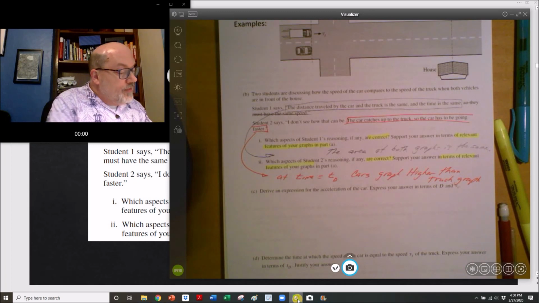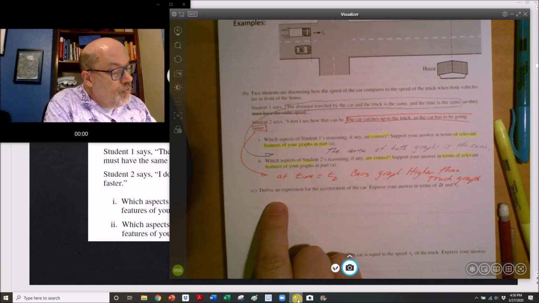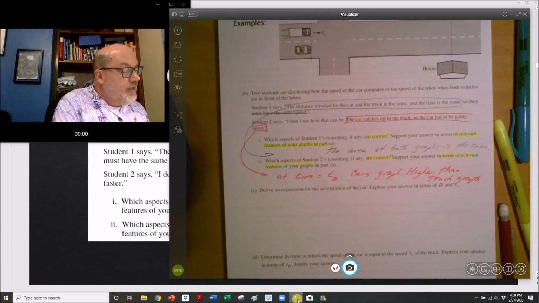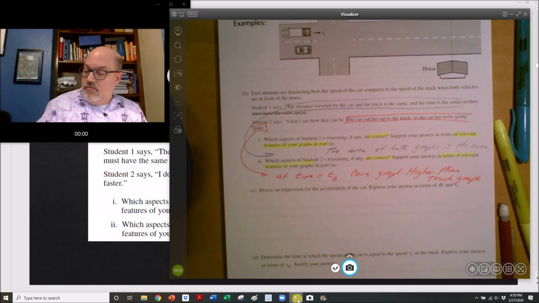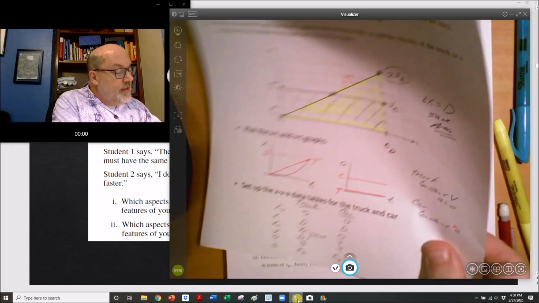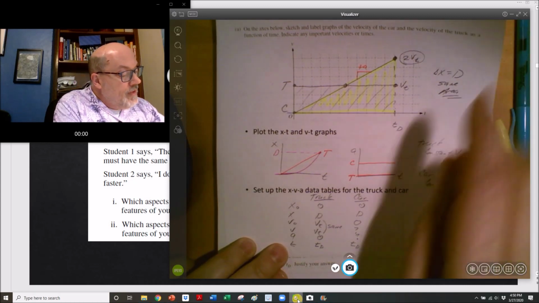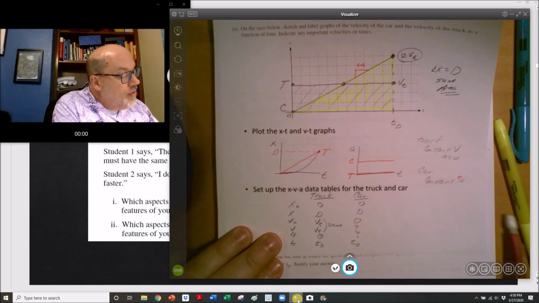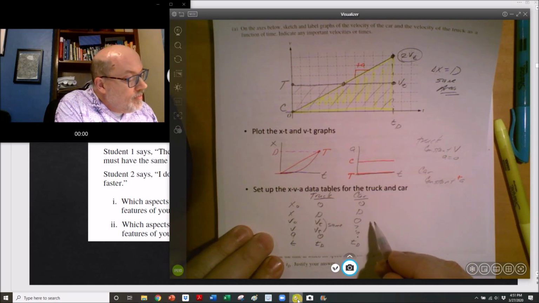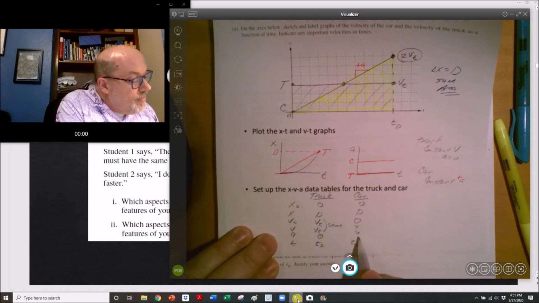So now let's look at the bottom part. Part C, derive an expression for the acceleration of the car. We've kind of done that. We've set up our table right here already. So if we look at our table right here, we can see that we could find the acceleration of the car.